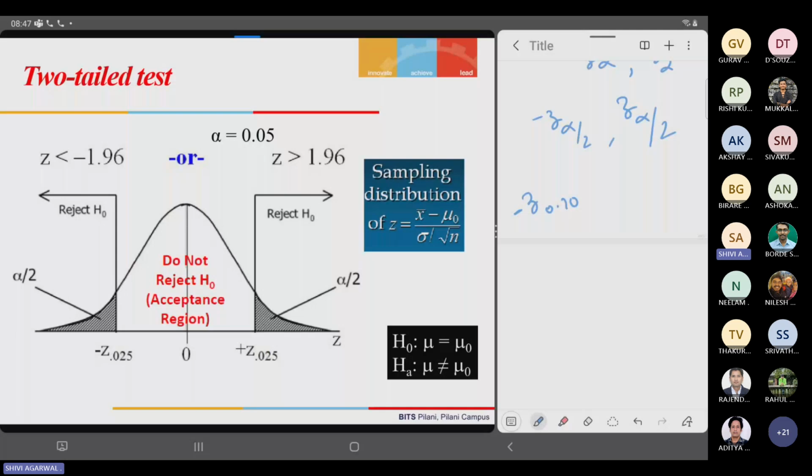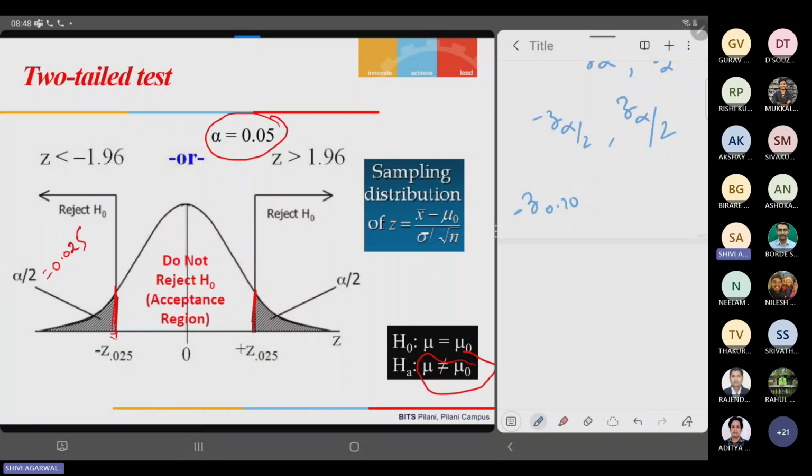Now this is the case of the two tail here. So this region will become alpha by 2. This region becomes alpha by 2 here. Okay, so this is the two tail case here. And if we are talking about alpha is equal to 0.05, so this will become alpha by 2 is equal to 0.025.